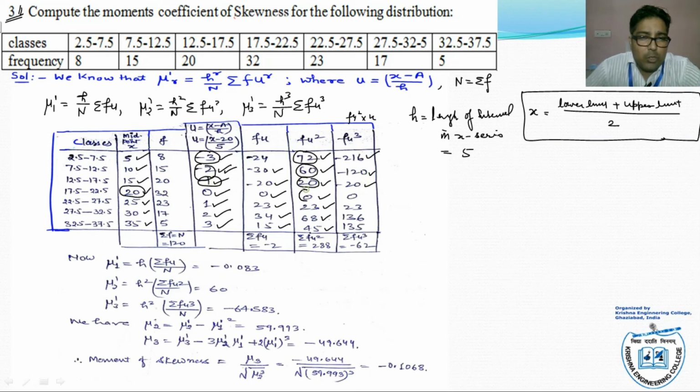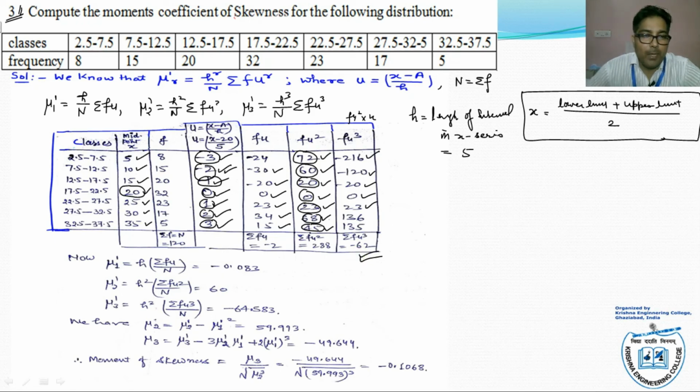The product of 0 into 0 becomes 0. Clear? The product of 23 into 1 becomes 23. The product of 68 into 2 becomes 136. The product of 3 into 45 becomes 135. And find the summation sigma fu cube with the help of the calculator, which becomes minus 62.